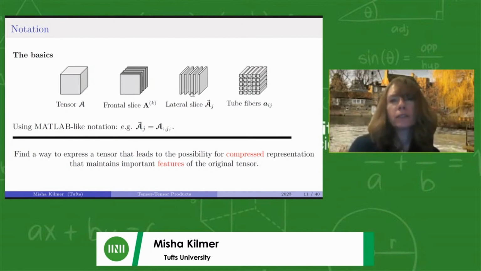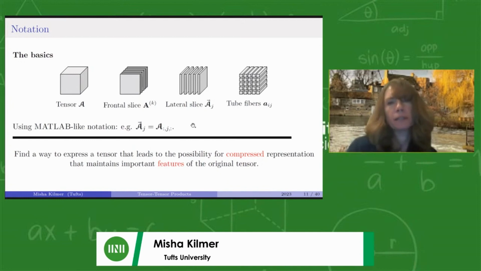And likewise, if I slice it up into this lateral dimension and twisted it so you didn't see the 3rd dimension, it would resemble vectors. So I'm going to be using those notions a little bit later on.